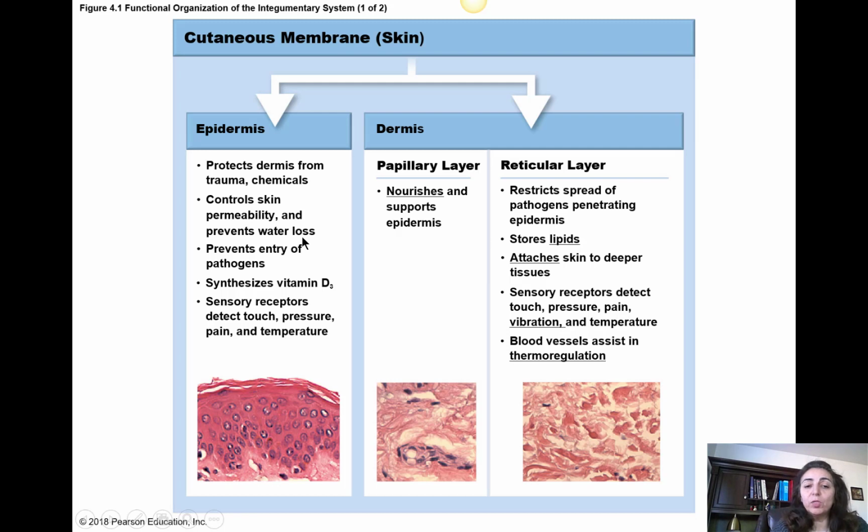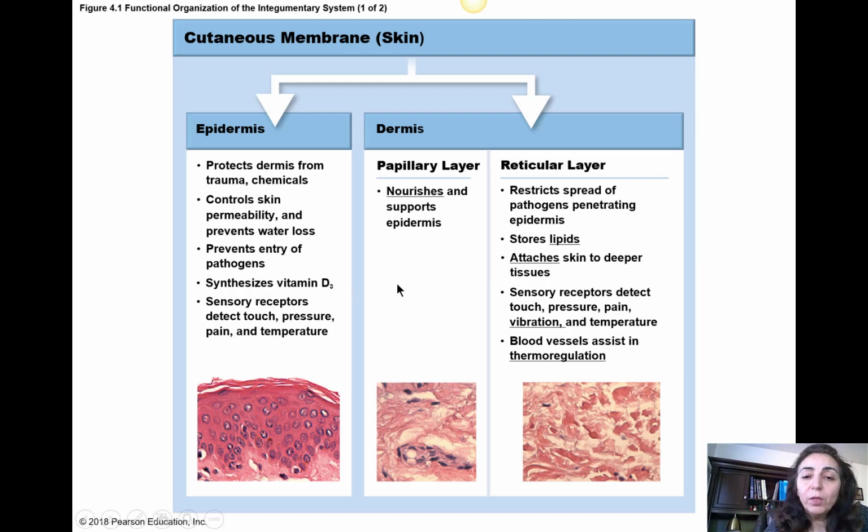That's a big help to preserve the water inside of the body. It prevents entry of pathogens, synthesizes vitamin D3, and sensory receptors detect touch, pressure, pain, and temperature. So you see that these are all the functions of the epidermis.